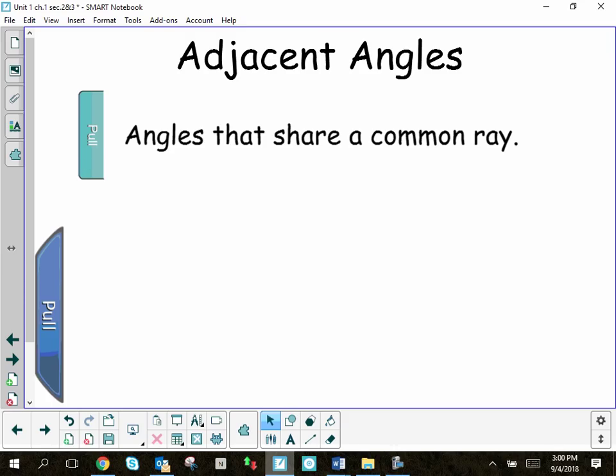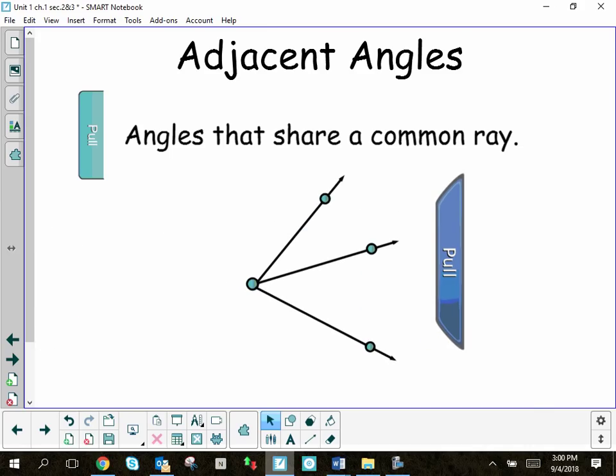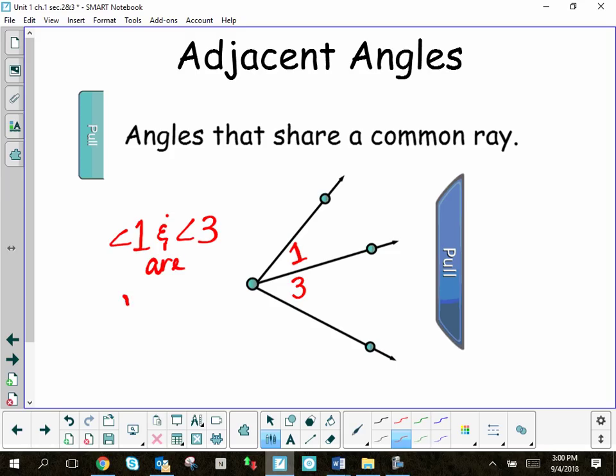For right now, we're talking about angles. Okay, so right here, we'll call this angle 1, and we'll call this angle 3. Okay? Angle 1 and angle 3 are adjacent because they share that ray. Okay? Lots of different things can be adjacent. Moving on.